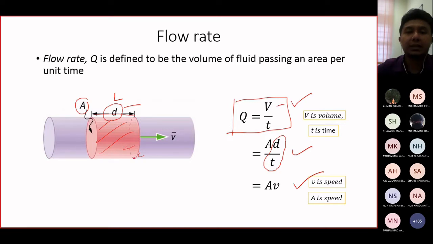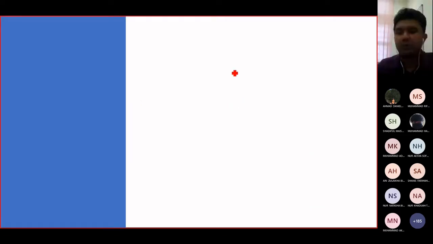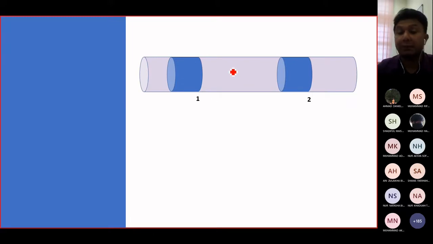Flow rate is defined to be the volume of fluid passing an area per unit time. Now imagine we have a pipe here. Common sense tells us that at position 1 and position 2, the flow rate is the same, because we have this pipe and it flows.